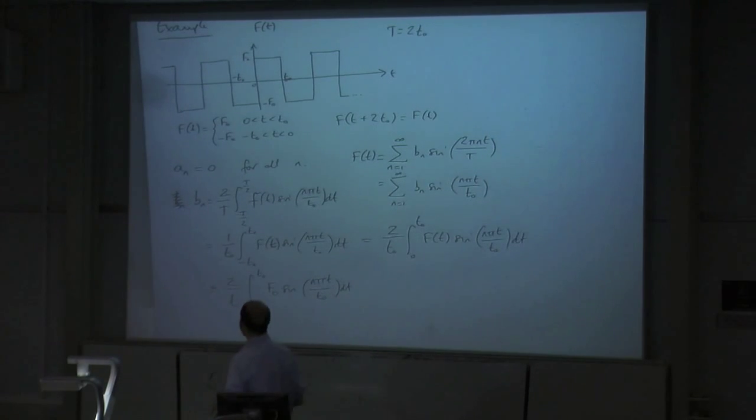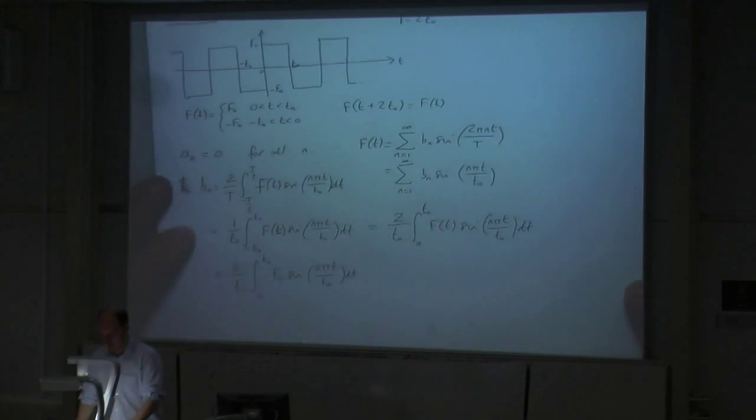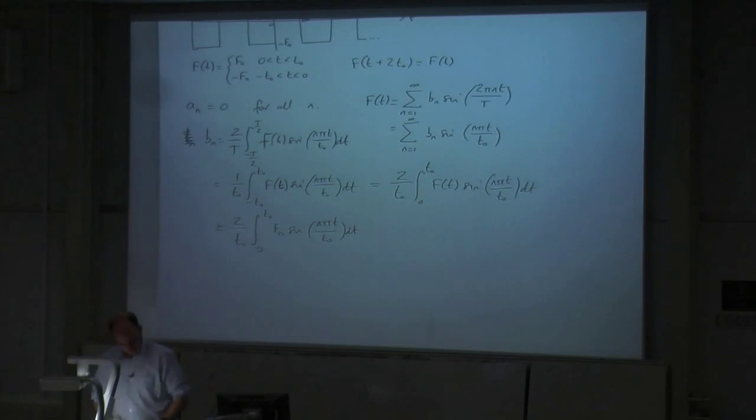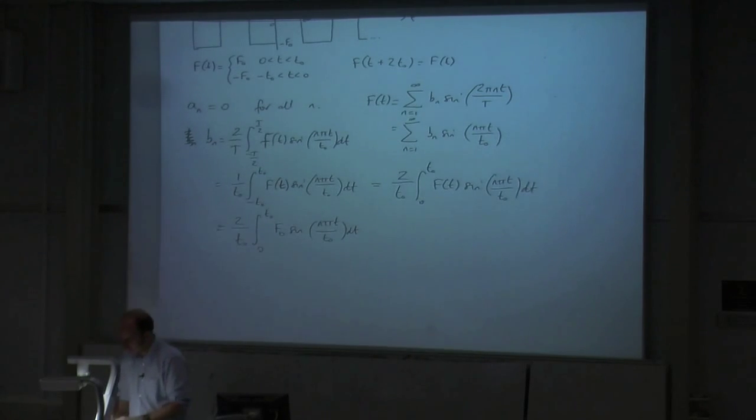This is quite an easy integral to solve, because obviously f0 is a constant, so it can come out of the integral. It doesn't make any difference to what's going on inside. And so we're integrating just the sine n pi t upon t naught term. Just this term is being integrated.